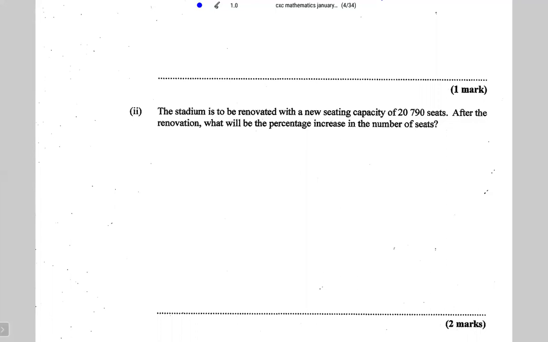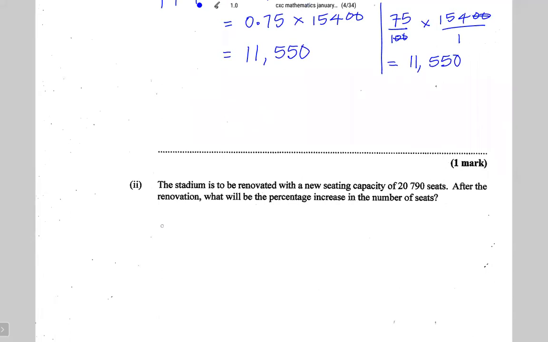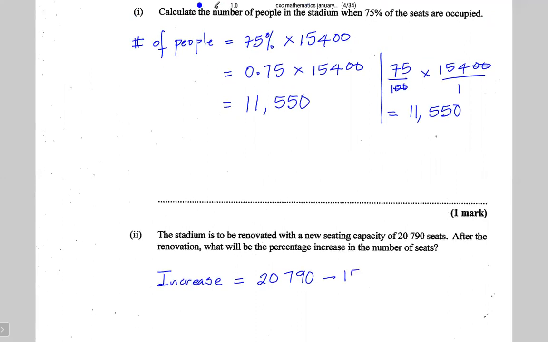All right, now part II says the stadium is to be renovated with a new seating capacity of 20,790 seats. After renovation, what will be the percentage increase in the number of seats? All right, so first of all, let's work out the increase. It would be the new capacity, which is 20,790, minus the old capacity, which is 15,400.